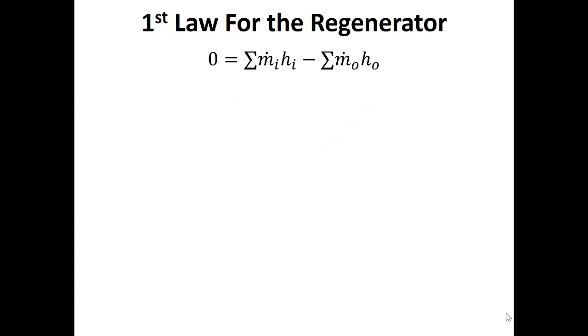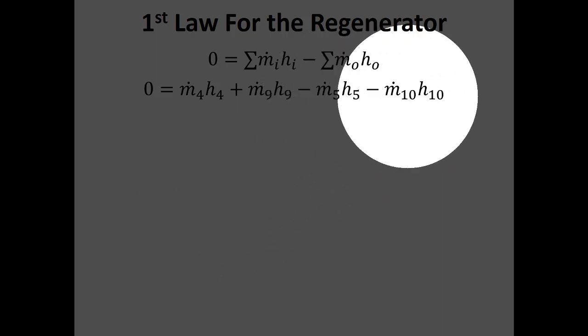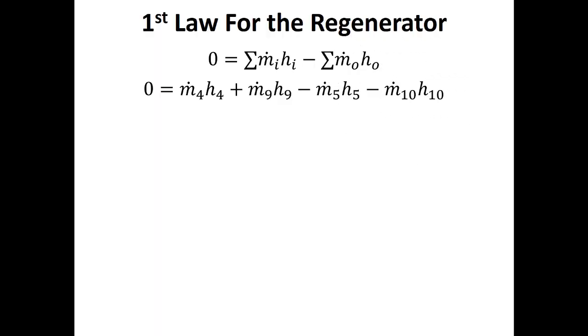Now, if we do that, we get that for the regenerator, the sum of m dot in H in minus the sum of m dot out H out is equal to 0. Here, our inlet terms happen at state 4 and state 9, which we've fixed. Our outlet states are state 5 and state 10. We've fixed state 5, but state 10 we don't know.